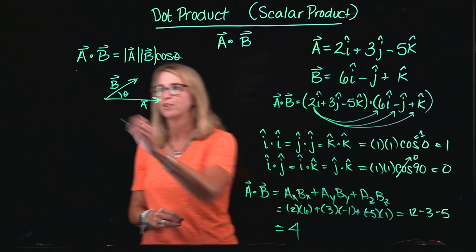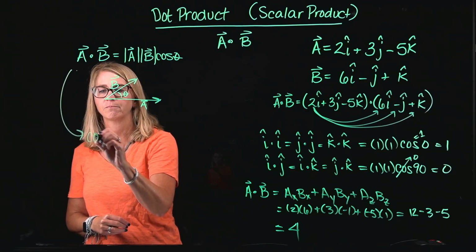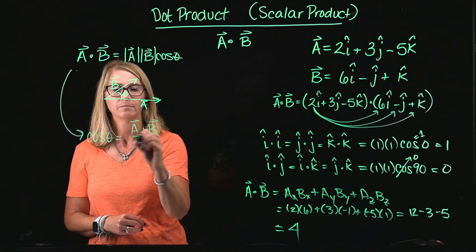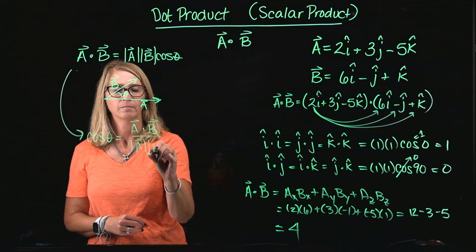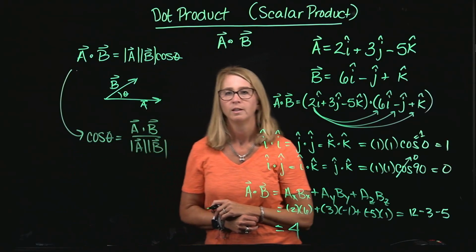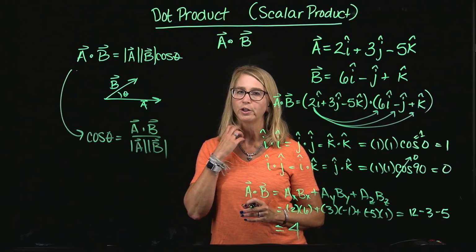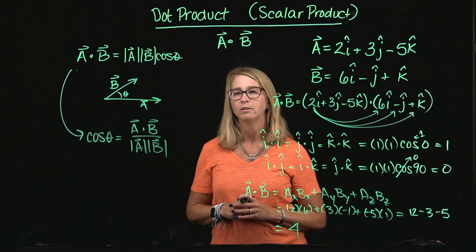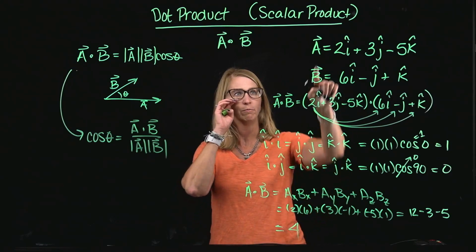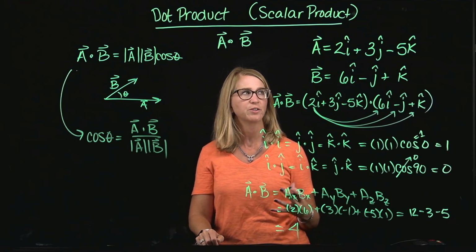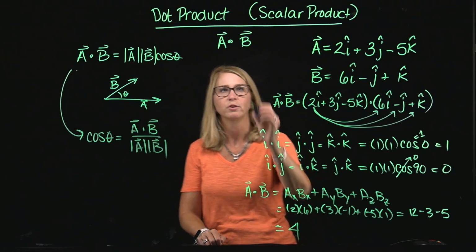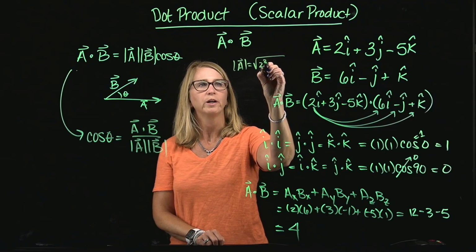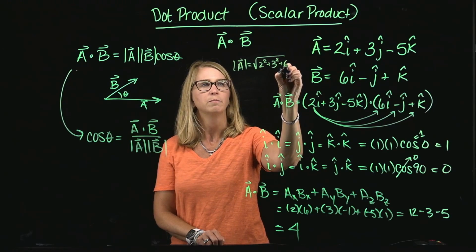Because if we take this expression and rearrange it, we can solve for the cosine of the angle, that angle being the angle between A and B. Now, keep in mind that the magnitude of both of these vectors can be found through an extension of the Pythagorean theorem. So for instance, the magnitude of A is the square root of 2 squared plus 3 squared plus minus 5 squared.